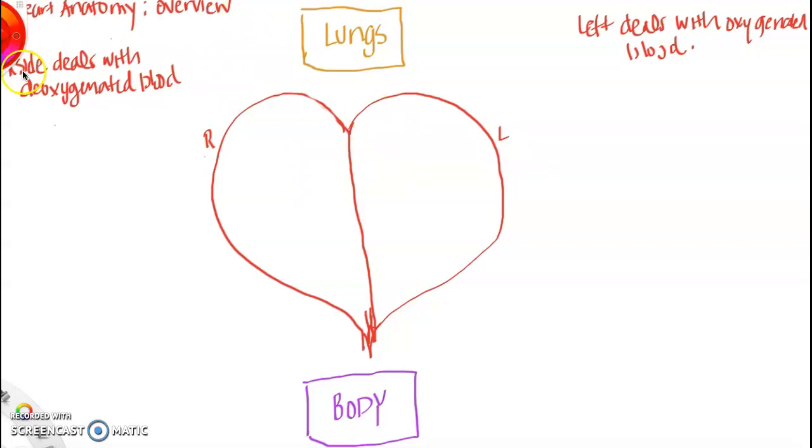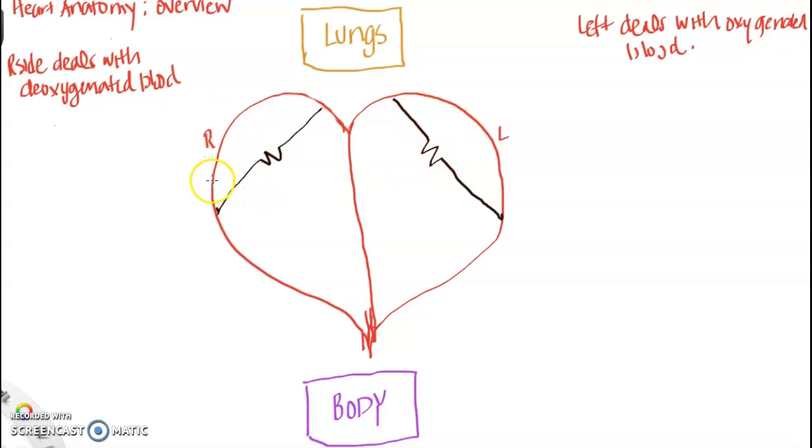And then we also have, within each side, is separated or divided into each one with two separate chambers.